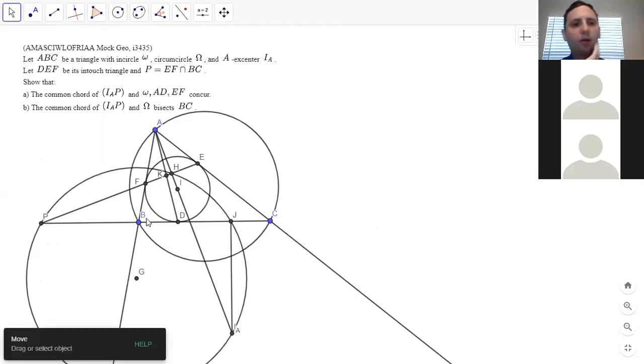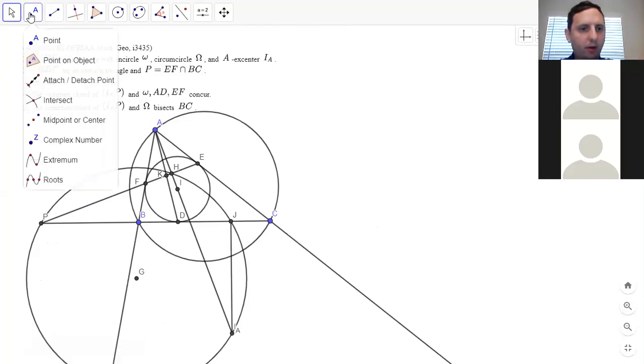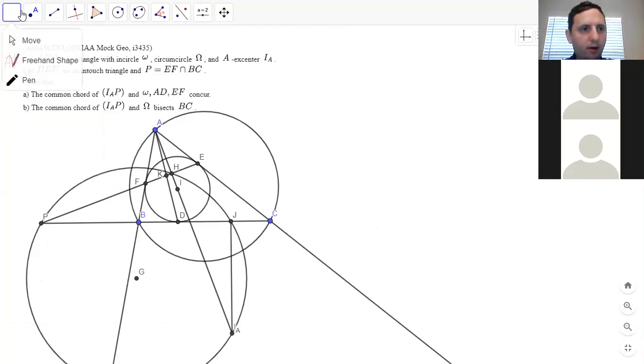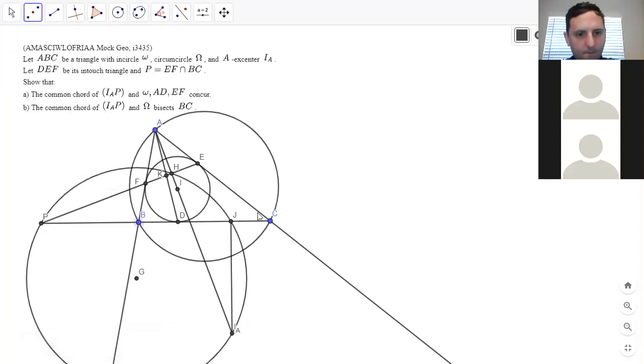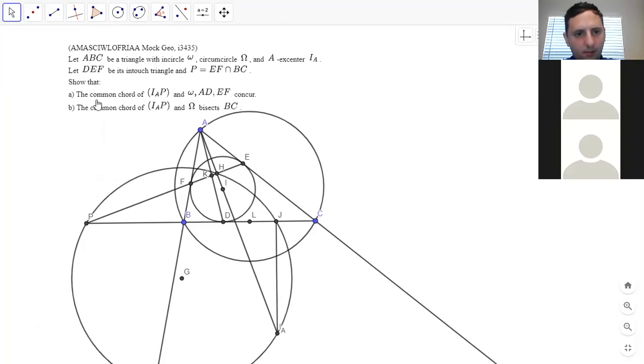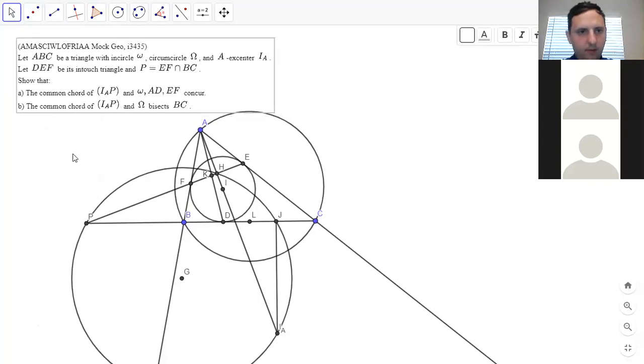Or the common chord of that and this circumcircle. Can you name the midpoint of BC? Yeah. So yeah, part A was pretty easy. Part B.